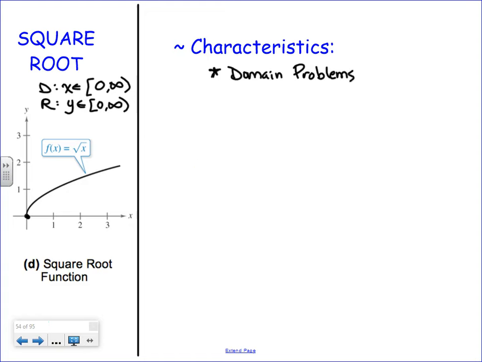That one had a domain problem. But on this one, we have to remember that whenever we have square root of x, we take whatever's underneath and set it greater than or equal to 0, which right now is only x. It's the parent function. It's only square root of x. But as soon as that gets messy, then we have to think back to our domain problem.